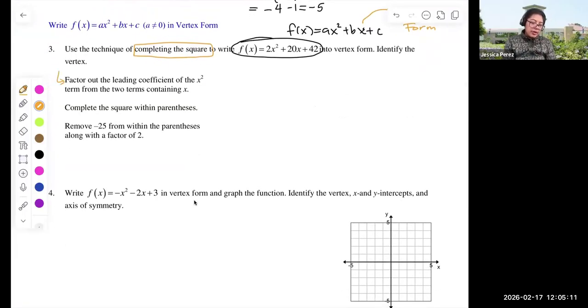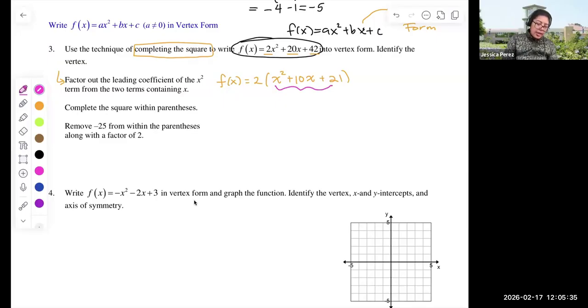We first need to factor out the leading term. So we're going to have to factor out the 2. So f of x is equal to 2 times (x squared plus 10x plus 21). Now you're left with a factor of 2 right there.